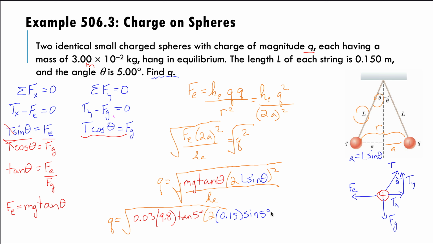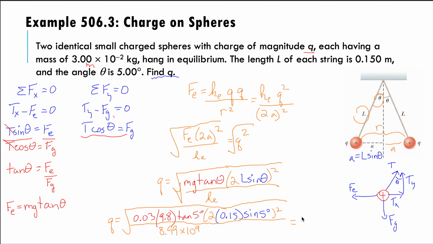And all of this is going to be squared here. And then we're going to divide all of this by Coulomb's constant, which is 8.99 times 10 to the 9 newton meter squared per coulomb squared. But all the units will simplify and leave us with coulombs when we're done.